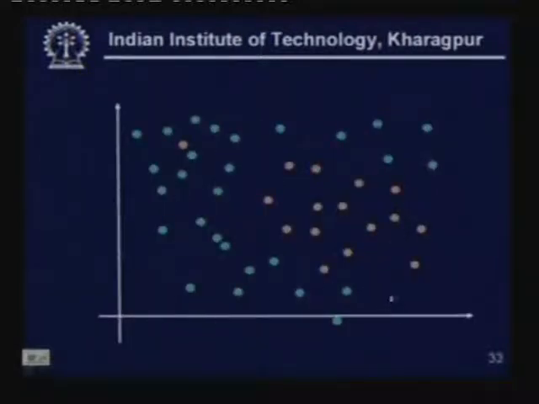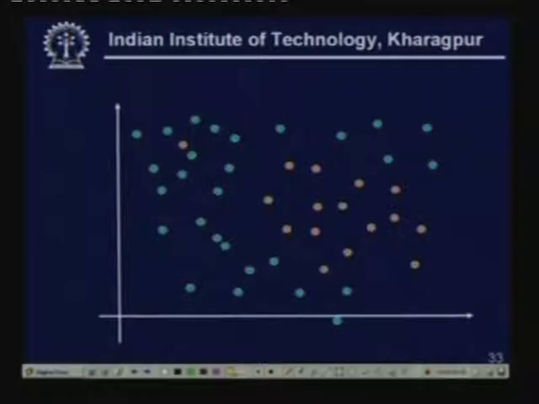Now, this is an example of an arbitrary function which is not linearly separable. If you try to learn this function using a perceptron, no straight line will be able to perfectly separate the positive from the negative points, that is the pink points from the green points.